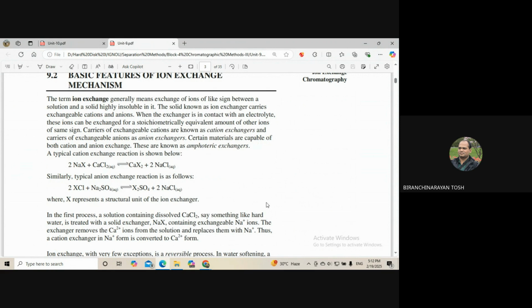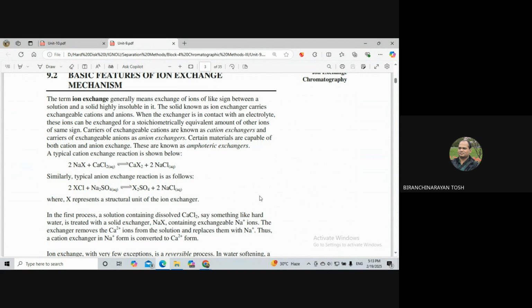Hardness of water is due to the presence of salts of calcium and magnesium. So in the case of hard water, let calcium chloride be present. When it is treated with a solid exchanger like NaX containing exchangeable Na plus ion, the exchanger removes the Ca2 plus ion from the solution and replaces it with Na. Thus the cation exchanger in Na plus form is converted to Ca2 plus form.